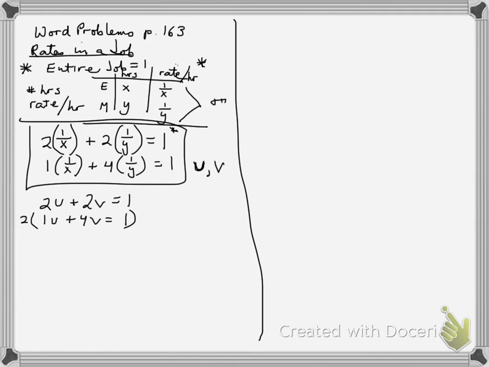This becomes 2u plus 2v equals 1. This becomes minus 2u minus 8v equals minus 2, adding straight down. We'll get 2 minus 8 is negative 6v. 1 minus 2 is negative 1, and v equals 1/6.